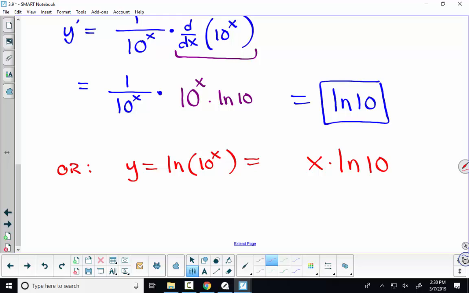So taking the derivative of this is equivalent to taking the derivative of that. And that's just taking the derivative of x times a constant. The derivative of x times 2 is 2. The derivative of x times negative 12 is negative 12. So the derivative of x times natural log of 10 is natural log of 10.